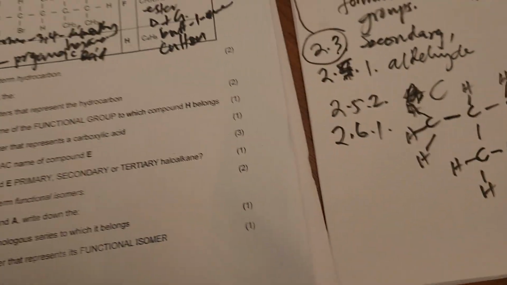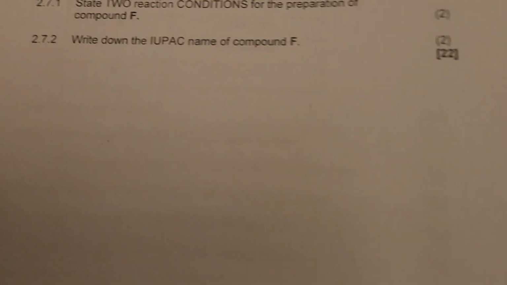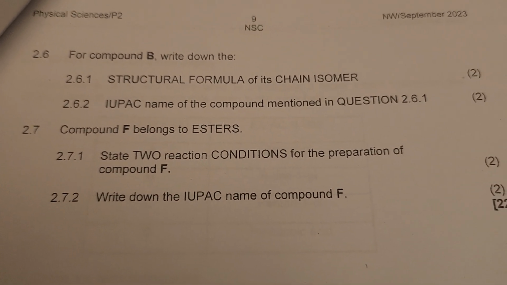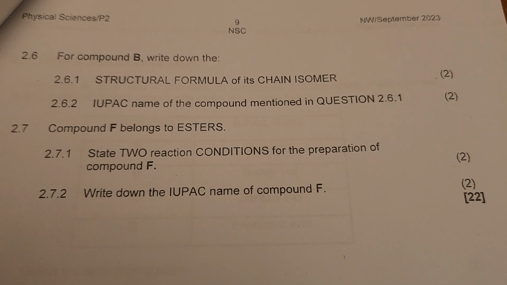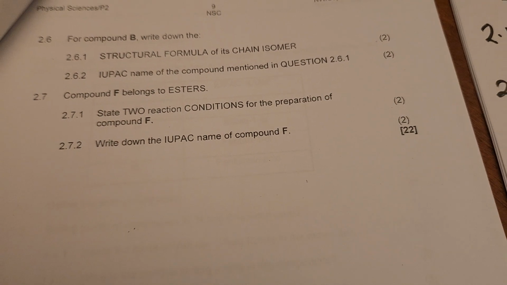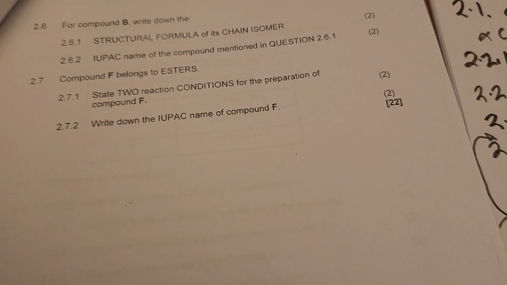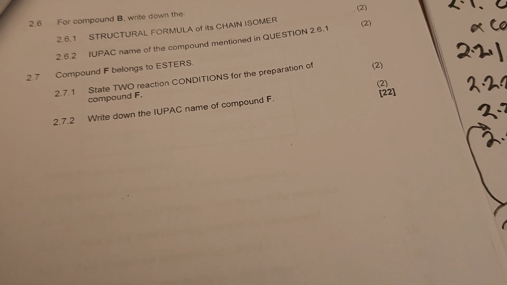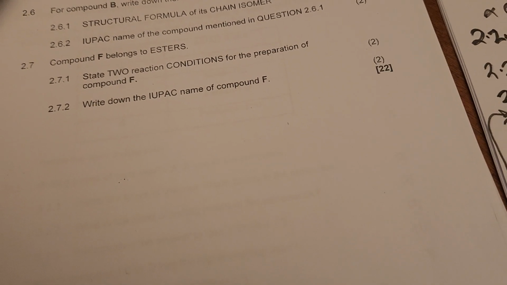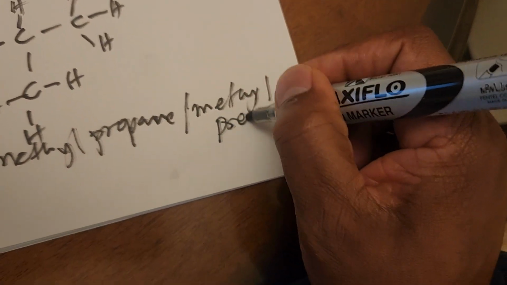Others call it 2-methylpropane, but they wanted only the structural formula, not the IUPAC name. Now write down the IUPAC name of the compound mentioned. So if they say IUPAC name 2.6.2, it will be 2-methylpropane, or just write it as methylpropane. Just methylpropane, you are also correct.